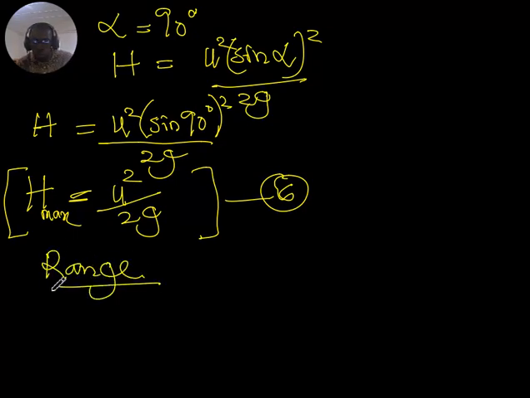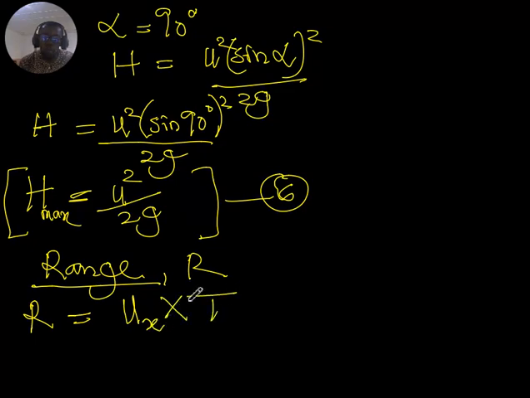Again, we can calculate the range of a projectile. Range here, R, is the horizontal component of velocity multiplied by the time of flight.